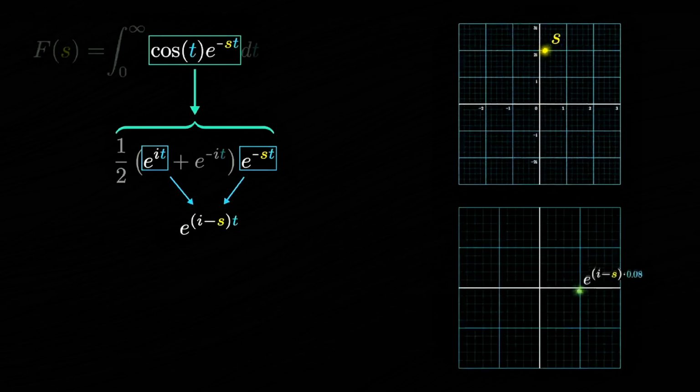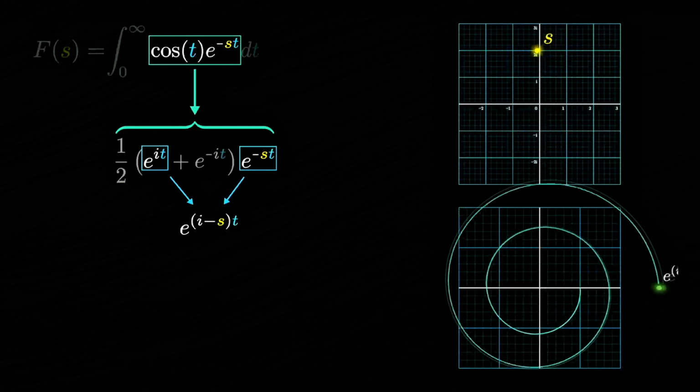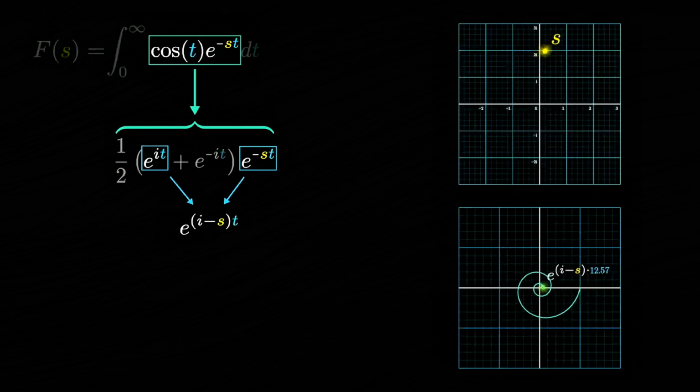Let me go ahead and plot that value on the lower right, keeping the s-plane on the upper right. Just like the exponentials we've already seen, as time goes from 0 to infinity, this oscillates and decays, or maybe it grows. The specific shape depends on how we set that value s. Now in this case, as you move around that value s, there is one specific value causing uniquely boring behavior.